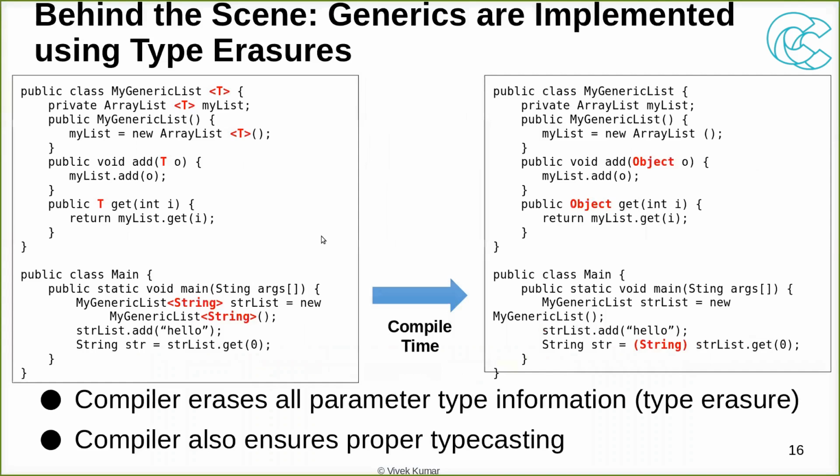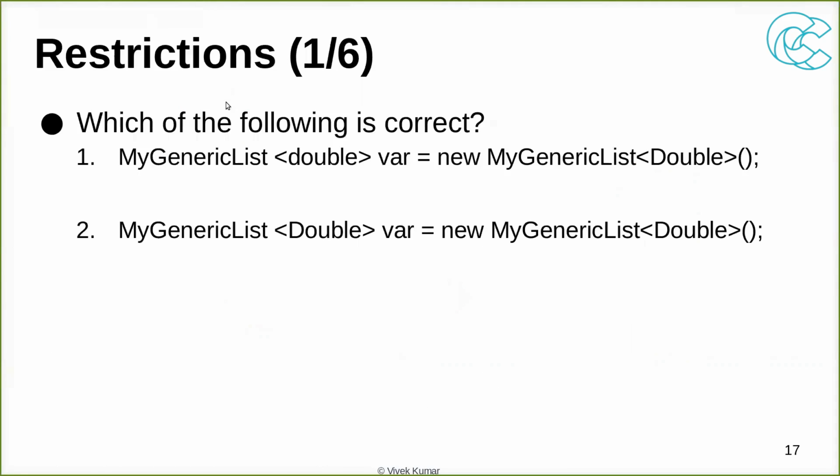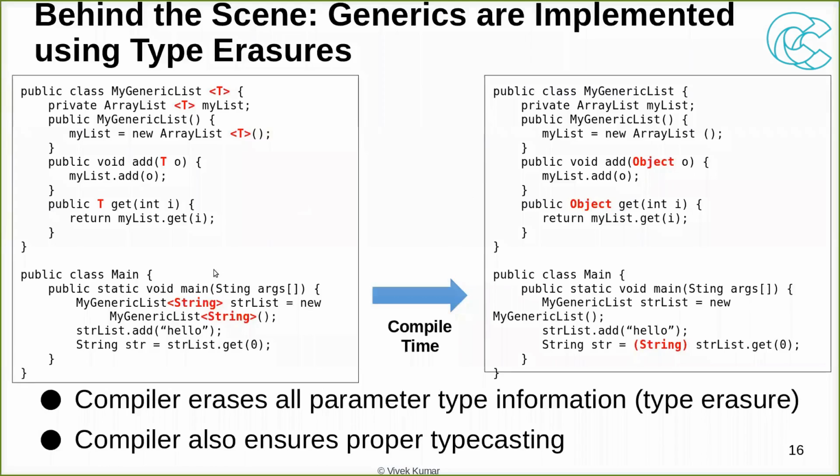So in the previous example, T cannot be a primitive data type. You have to pass in a class, and that's why you cannot pass double, and you can only do that with the capital D Double. Is there any special reason for this? Because of the type erasure, as we have seen here. That's how in the background it handles generics.